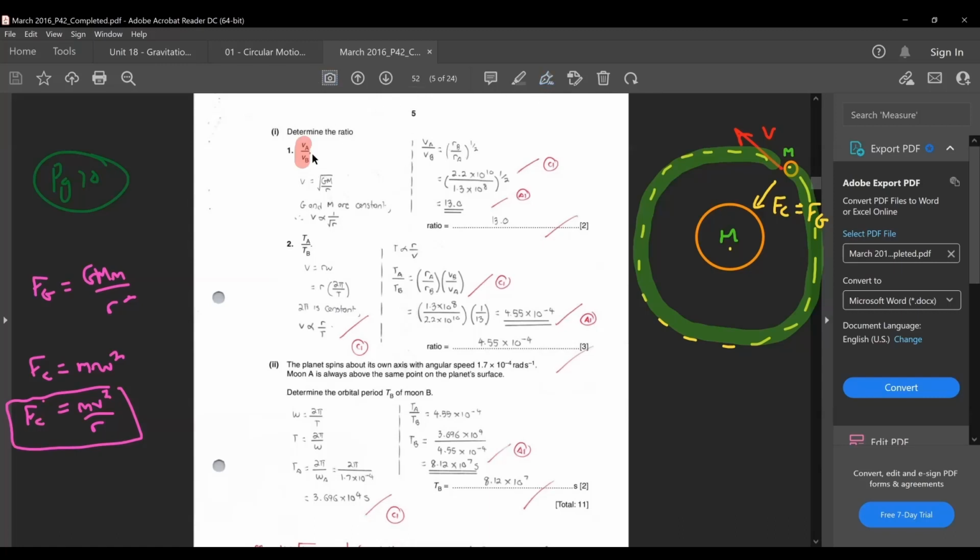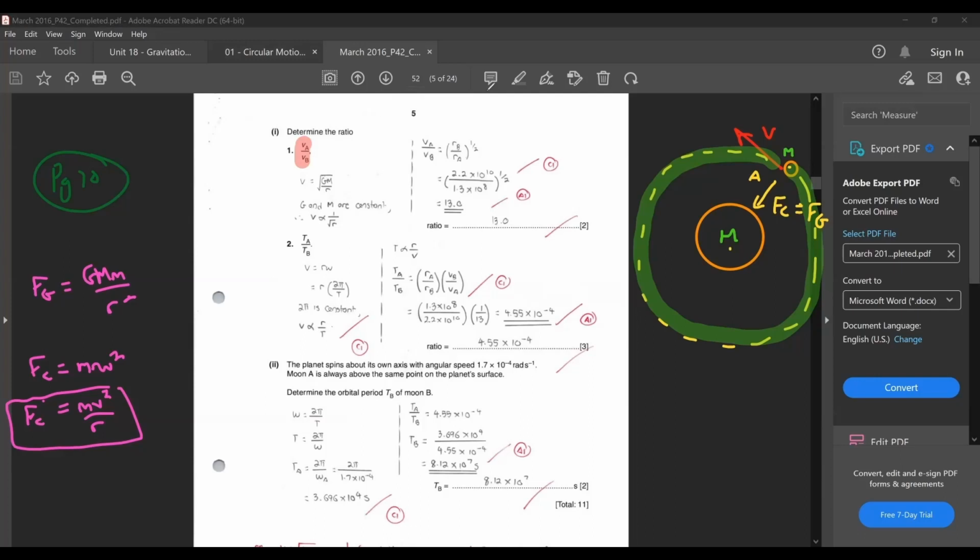So if you want to find out the ratio of VA to VB, you can actually just do something like this. If I say that this one was moon A, and then I also have moon B, which is this one. Sorry, I didn't draw this one properly.